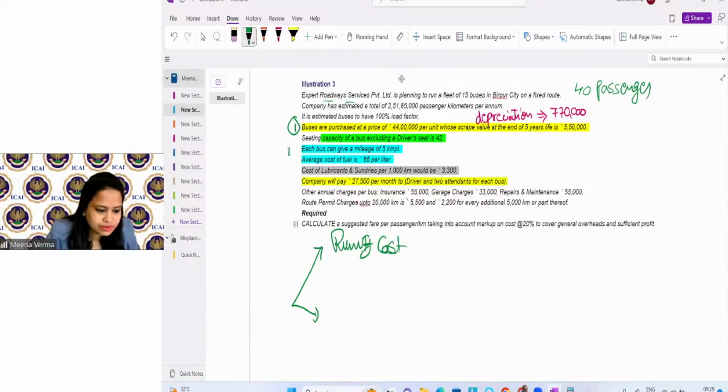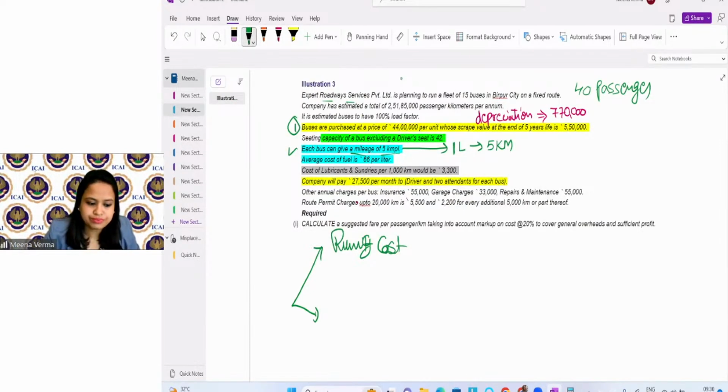So what do we have? Each bus has a mileage of 5 kilometers. So in 1 liter, they are traveling 5 kilometers. It is given here that in 1 liter, a bus can run for 5 kilometers.